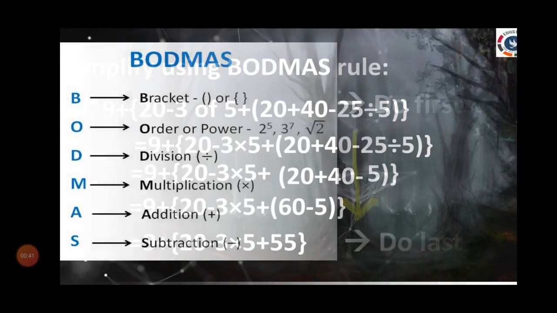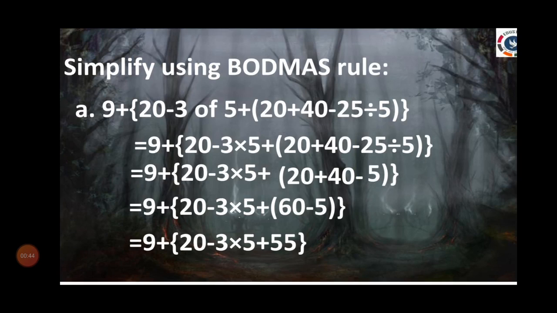Now I am going to explain through an example. Simplify using the BODMAS rule. 9 plus 20 minus 3 of 5 plus 20 plus 40 minus 25 divided by 5. Here we have only two types of brackets, round brackets and curly brackets.